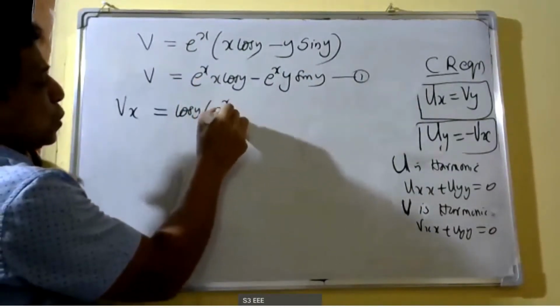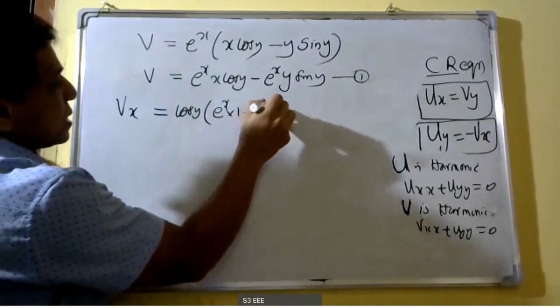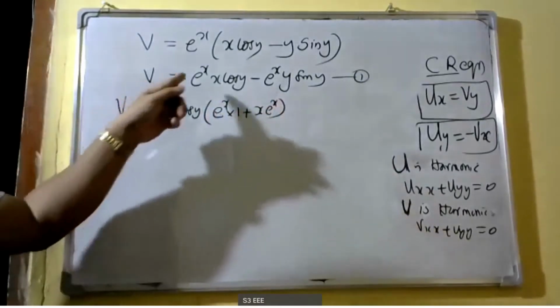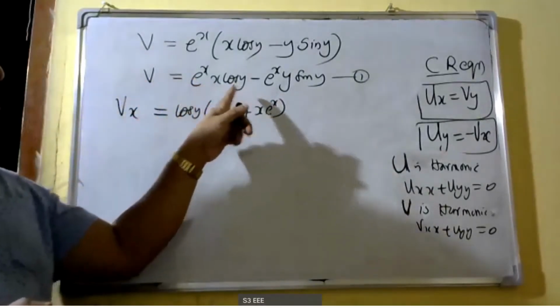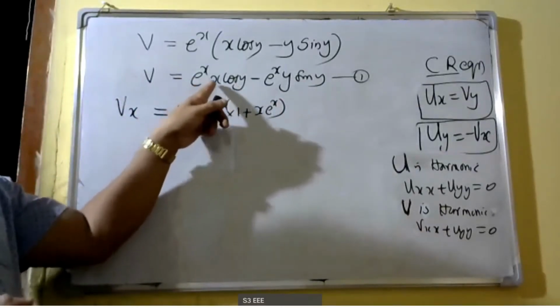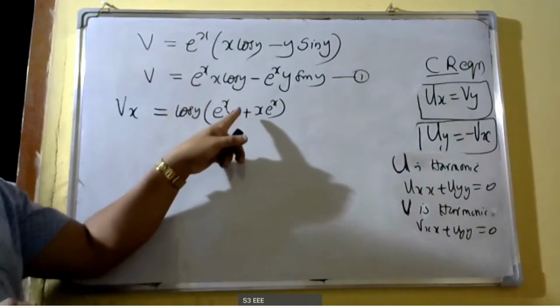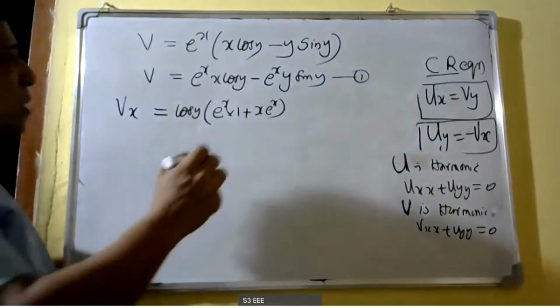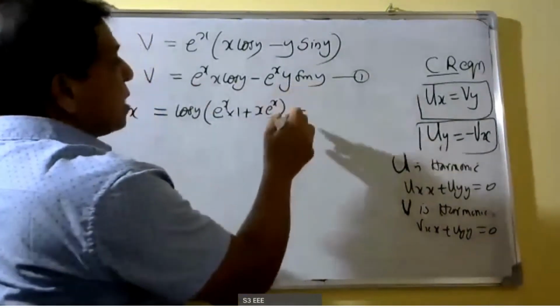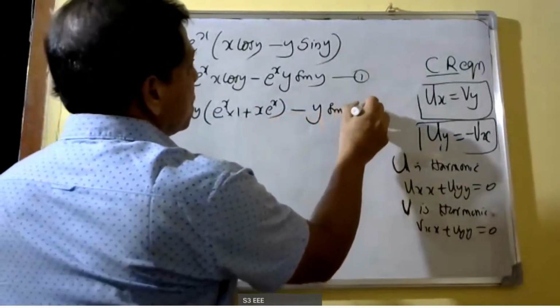Therefore, e raised to x into 1 plus x into e raised to x. Here, cos y is taken outside. Apply the product rule for differentiation: e raised to x into 1 plus x into e raised to x, minus. Here, y sin y is constant, y sin y into e raised to x.